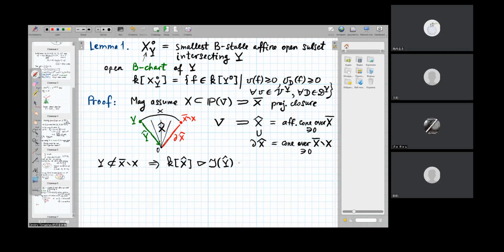And this implies that the vanishing ideal of Y hat does not contain the vanishing ideal of ∂X hat. So there exist functions which vanish on Y hat but do not vanish on X hat. Okay.